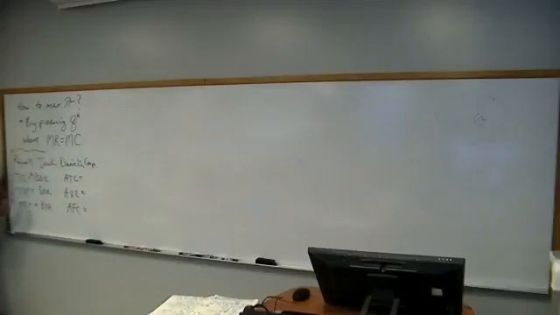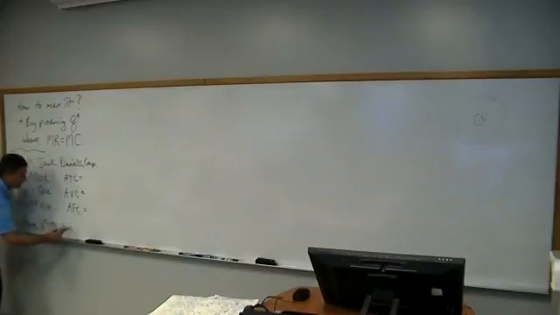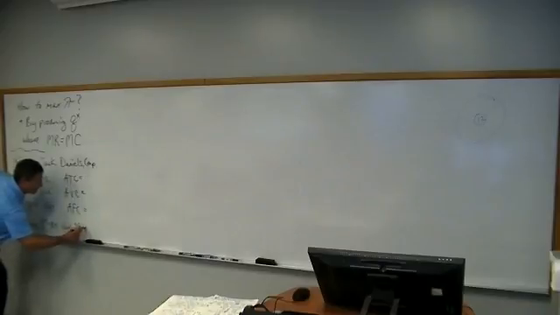Assuming that this was going on at 10,000, so assume Q star equals 10,000 units, 10,000 bottles, where marginal revenue equals marginal cost.